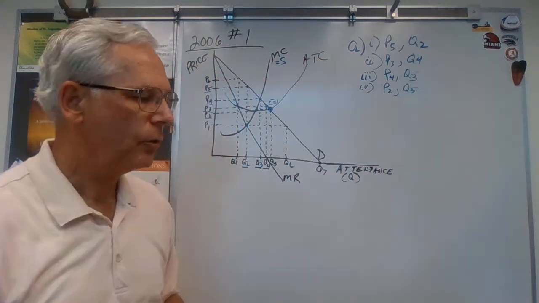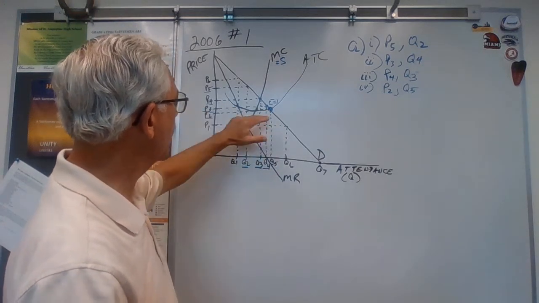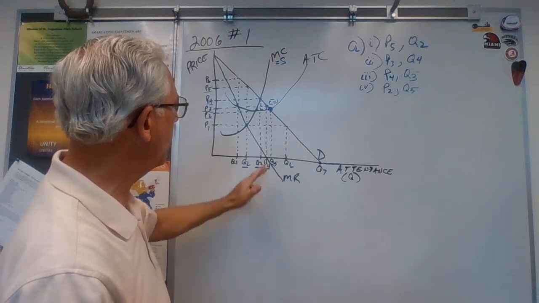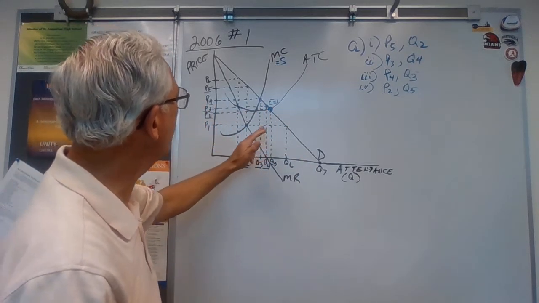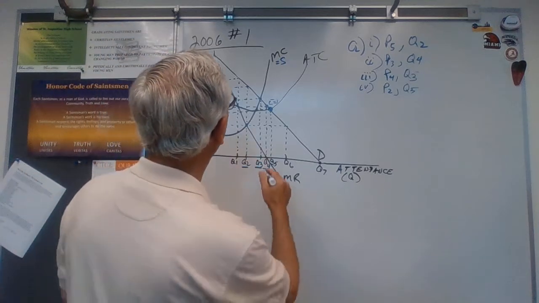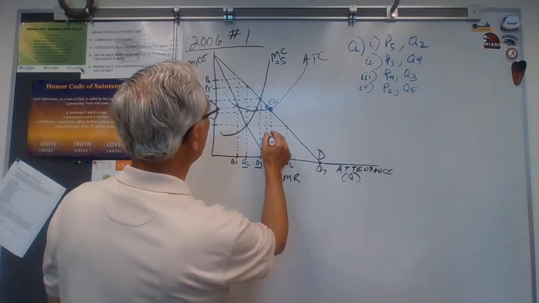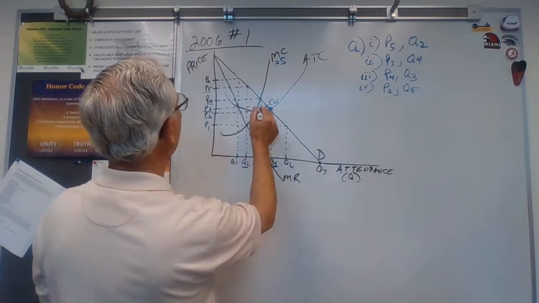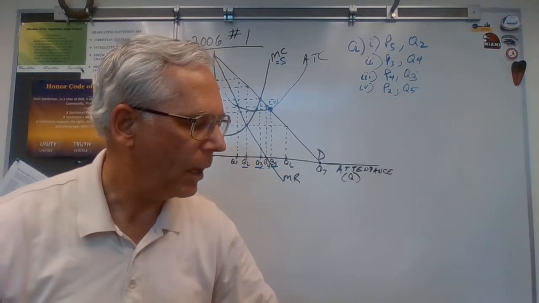Okay? So that's where they would break even. Costs equal revenues, because revenue is price times quantity. Remember that? So that would be Q4. Did I say Q4? I should have said Q5. Sorry, Q5. Yeah, Q5, P2. I got it. I had it right there. Q5, P2. Okay.